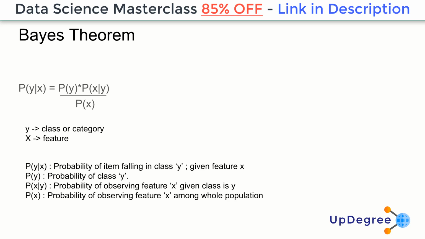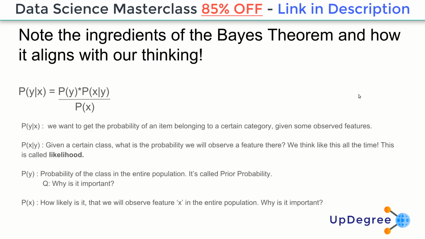Again, I'd like to drive your focus to how this theorem is nothing but a model of our thought process. Why is the probability of the class important? Why is P(y) important? Why are we putting this into the equation?